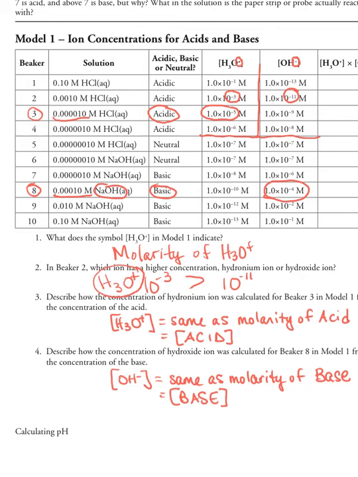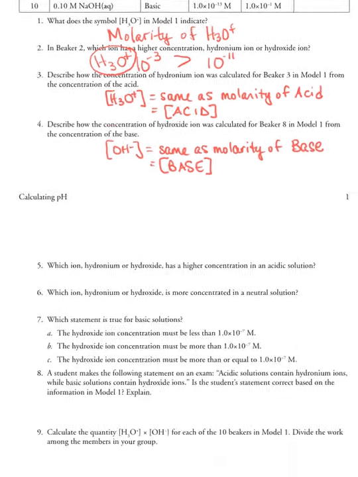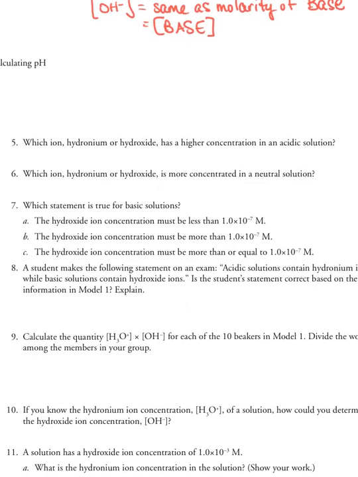Hopefully you see that this side is larger than this side. So that would be the H3O plus. And that's the hydronium ion, if you don't remember. And hydronium again is the H3O plus.